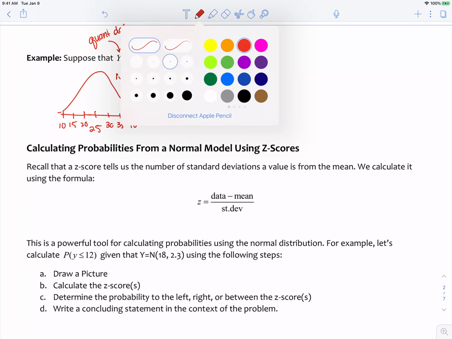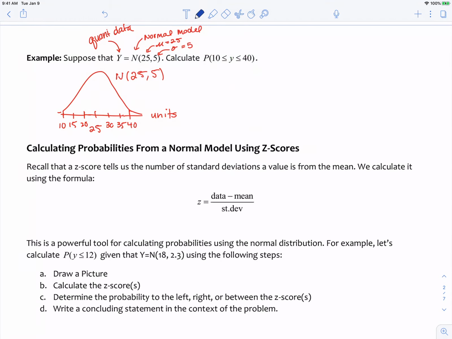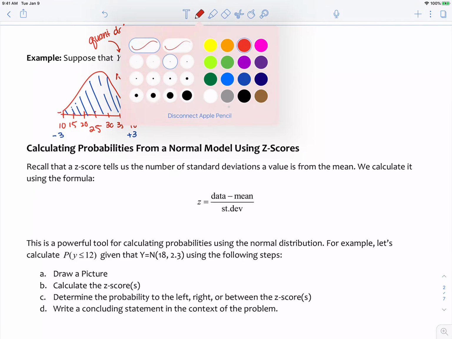So in terms of z-scores, right, that is 3 standard deviations above. So 40 is the equivalent of +3 for our z-score. And 10 is going down 3 standard deviations from the mean. So that's the equivalent of -3. So we're looking for the probability, which is the area. So that shaded area is what we're looking for.